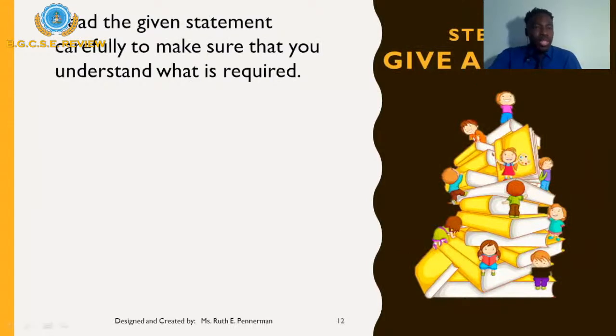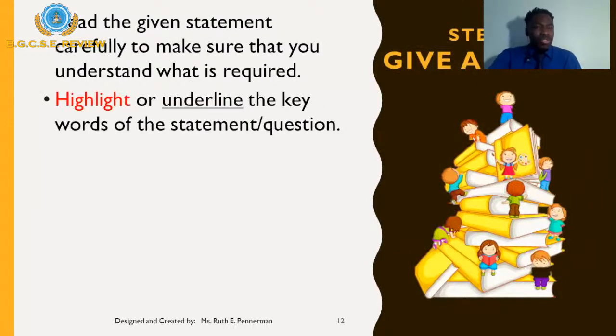You want to read the given statement carefully to make sure that you understand what is required. You want to highlight or underline the keywords of the statement or the question. It's so important to do that because you don't want to miss something or misinterpret something. We've seen that as well as examiners and as educators. You really don't want to rush along and think that you're giving the correct response, and then halfway through you say, oh, I didn't realize that they were asking it from that perspective, or I misunderstood or misinterpreted the question.